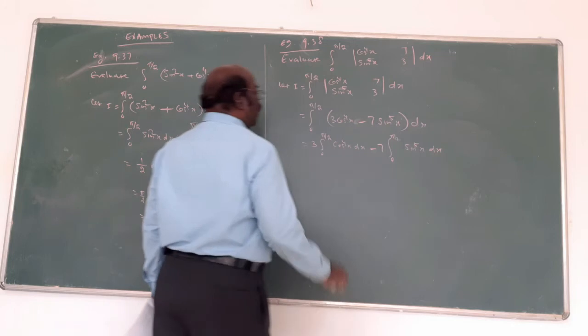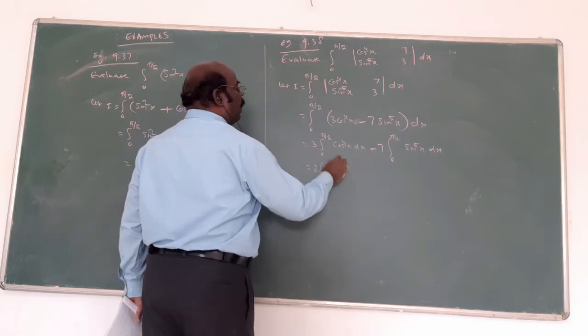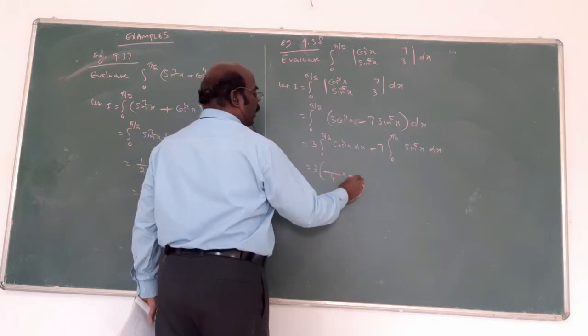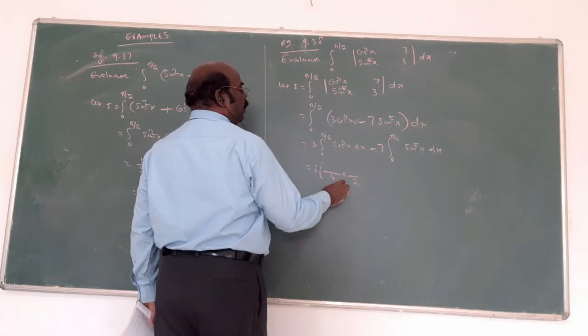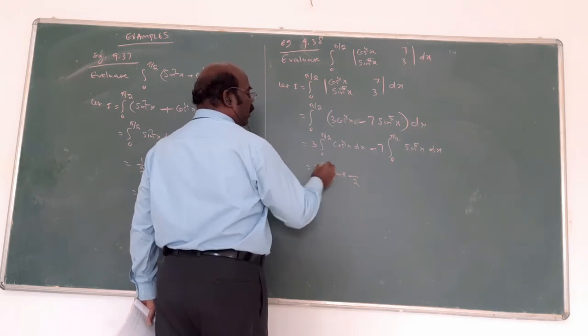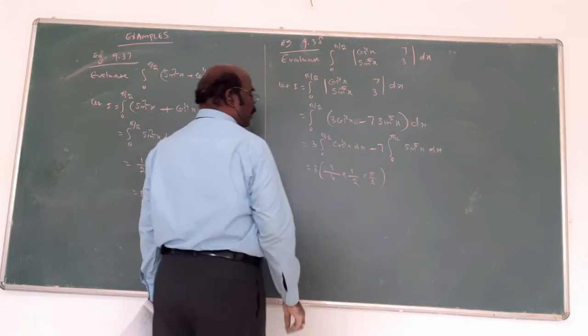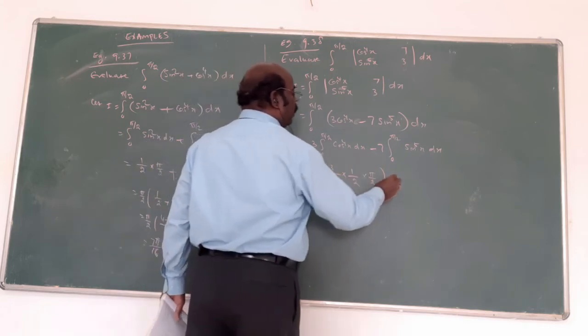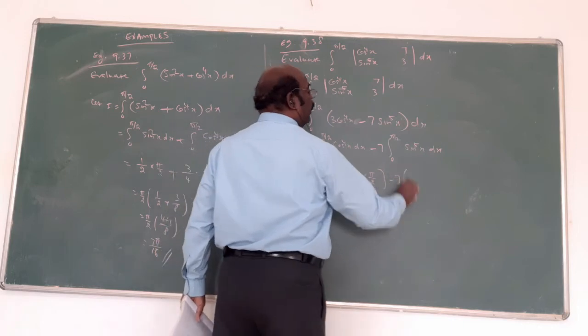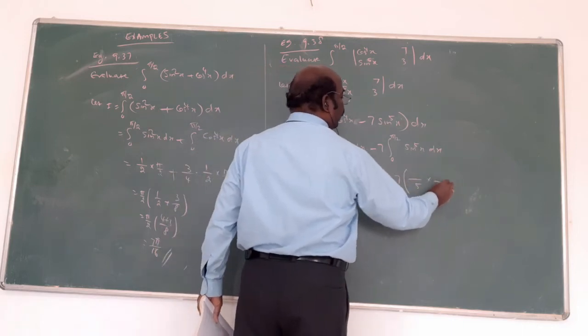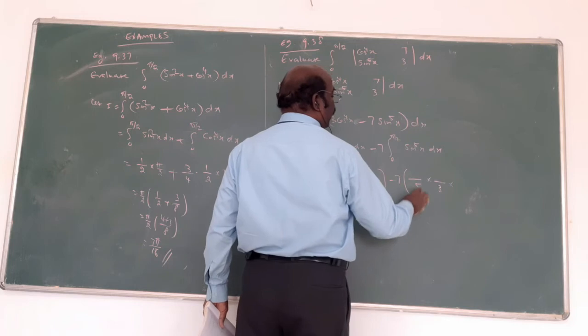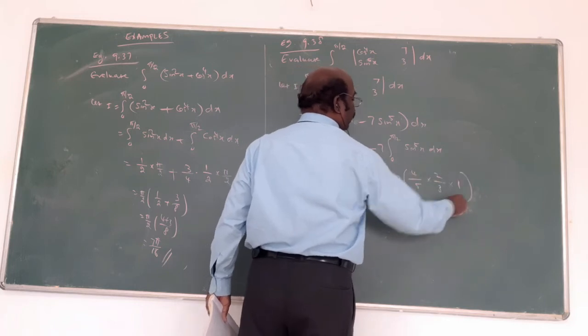Now use the reduction formula. What is the formula? Denominator 4, here 2. Am I right? Here reduce the 3, here 1 into pi by 2. Now cancel is not possible. Minus 7 into here 5, here 3, here 1 in the denominator, here 4, 2 into 1.